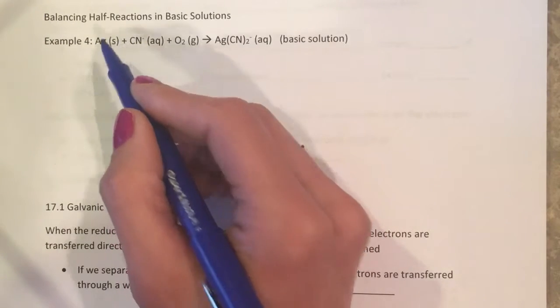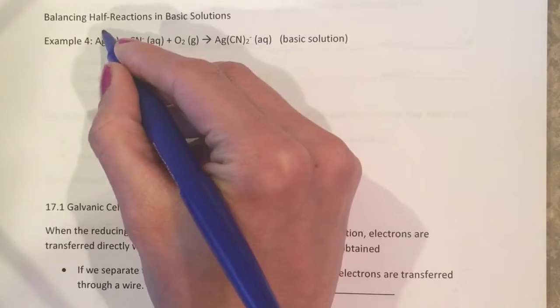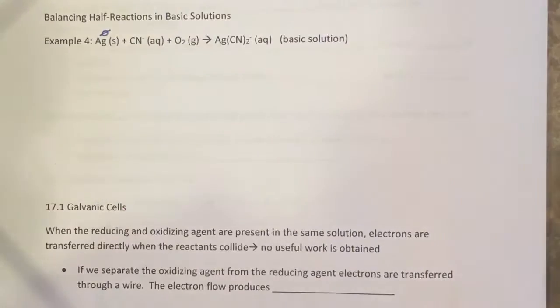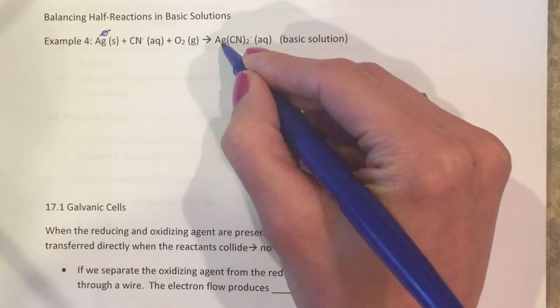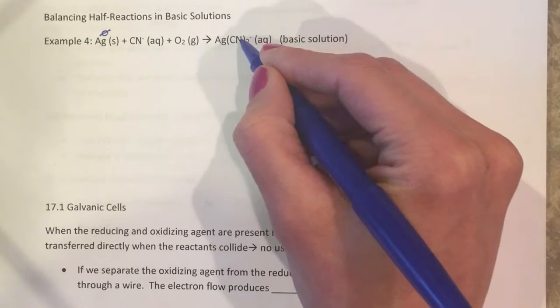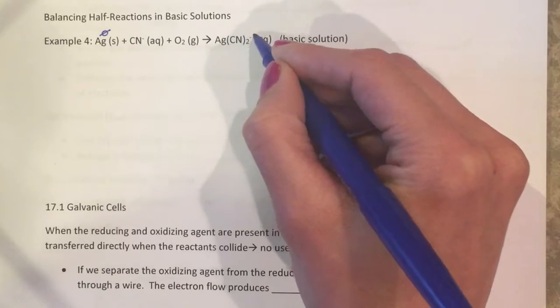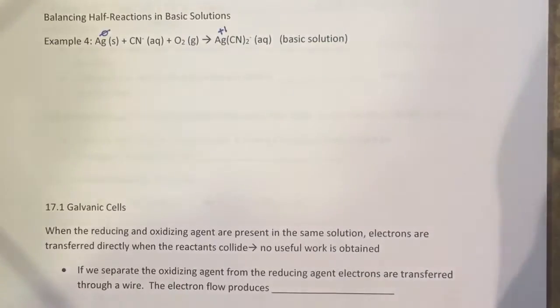Its charges aren't actually going to change. Silver, on the other hand, is going to start out as a solid, so it has an oxidation number of 0. Over here, it's an ion. I've got two CNs, which each have a -1 charge. The overall charge is a -1, so silver has to be a +1.